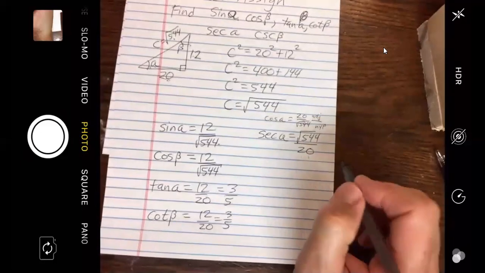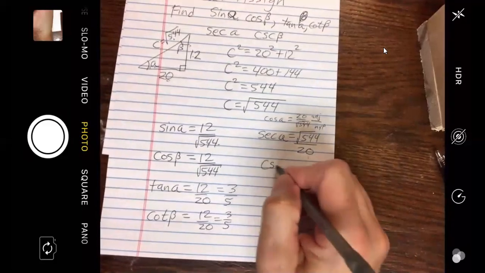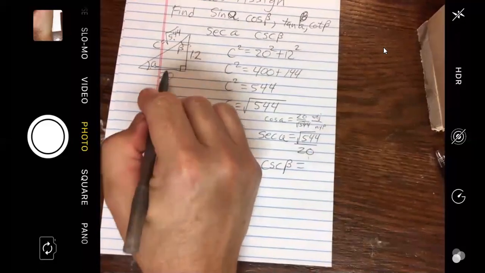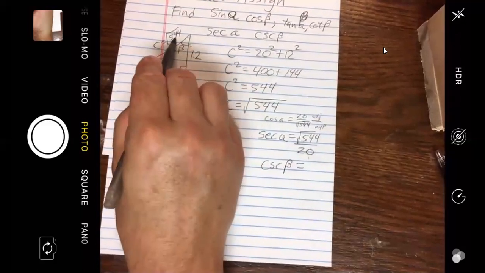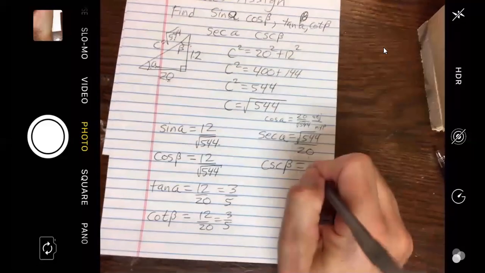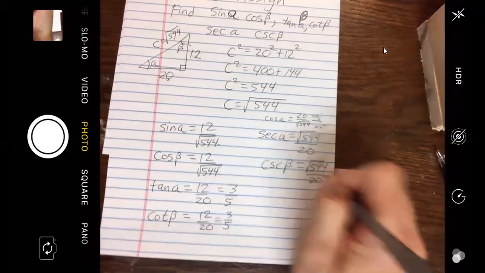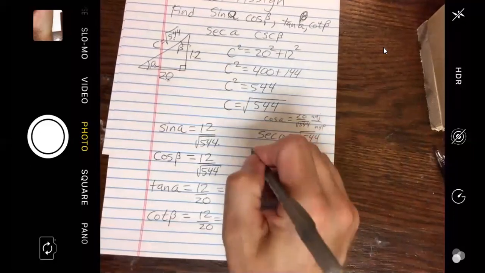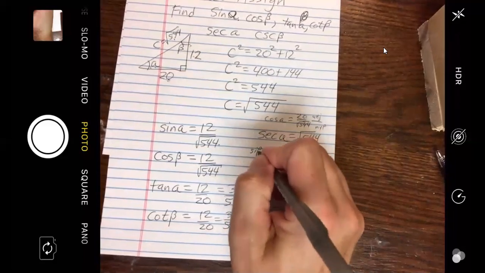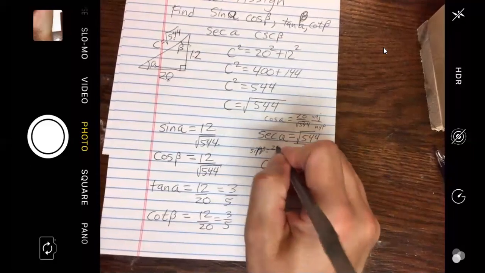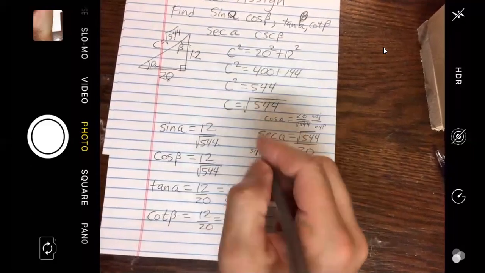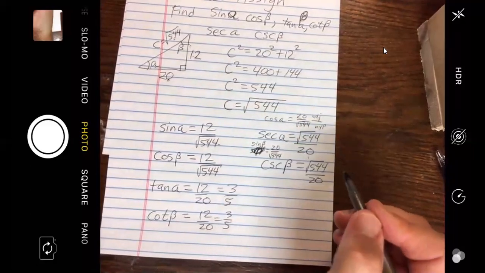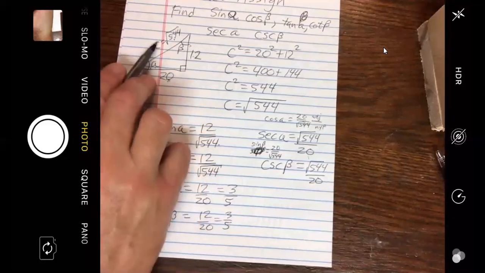What about the cosecant? What would that be? Your cosecant of beta. All right, the sine of beta would be 20 over root 544, so it's going to be identical: root 544 over 20. Again, because sine of beta would be 20 over root 544, opposite beta over hypotenuse.